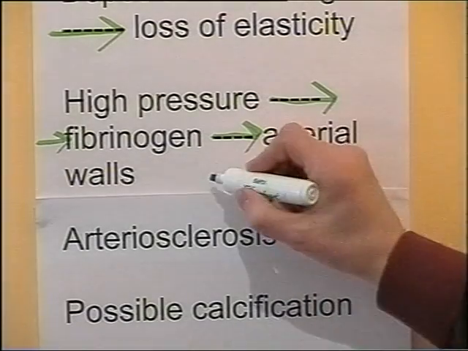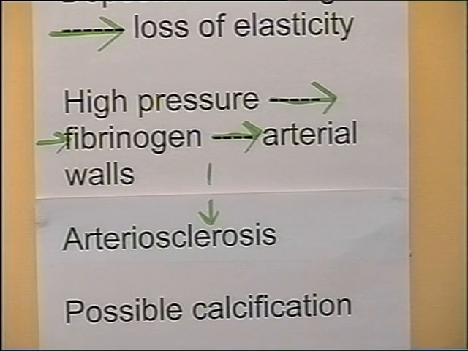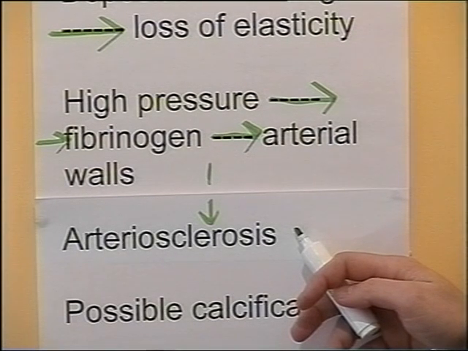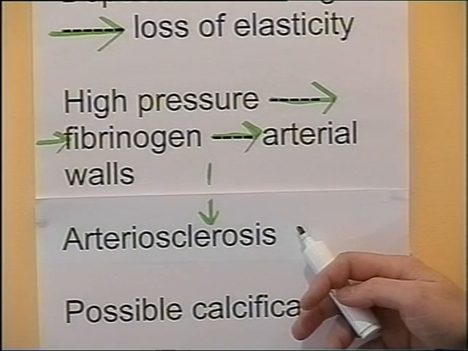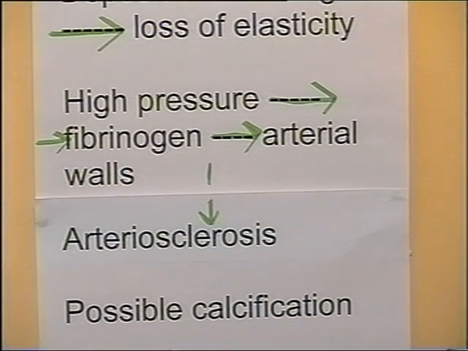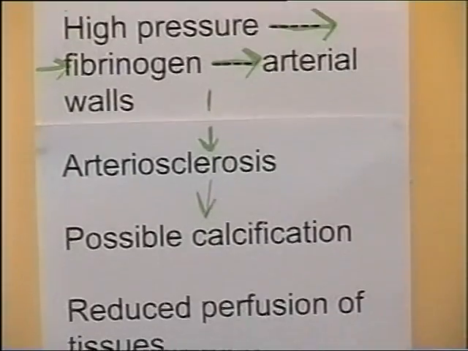These lead on to the disease process of arteriosclerosis, hardening of the arteries. So there's atherosclerosis in hypertension, the formation of atheroma in the arterial lumens. There is also arteriosclerosis, hardening of the arteries. This can lead on to possibly even a calcification of the arteries.